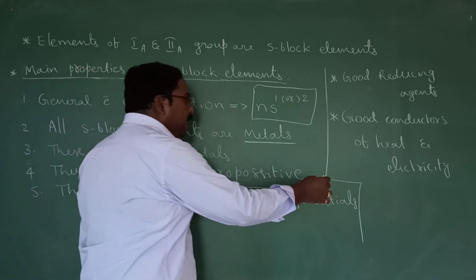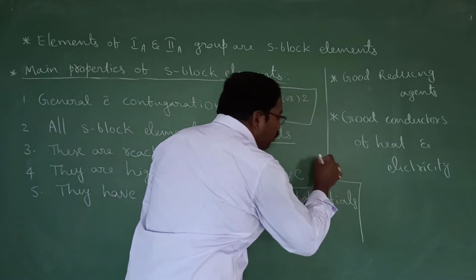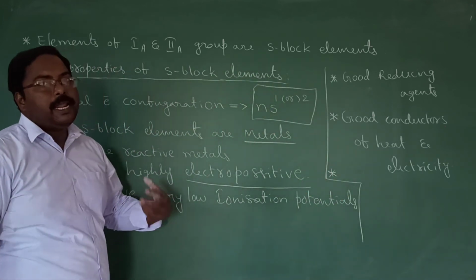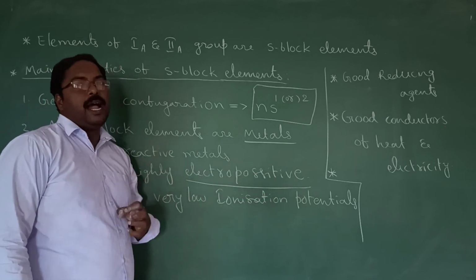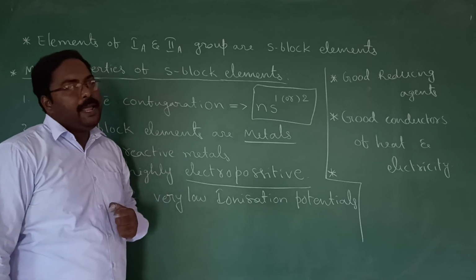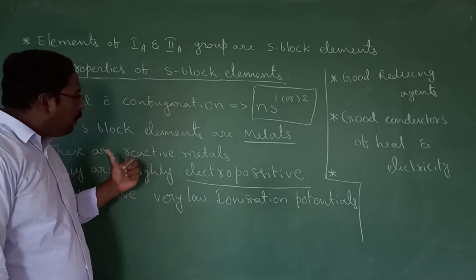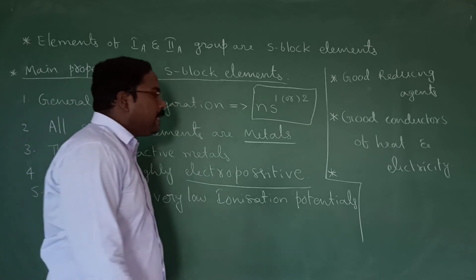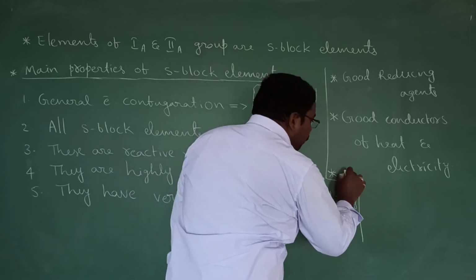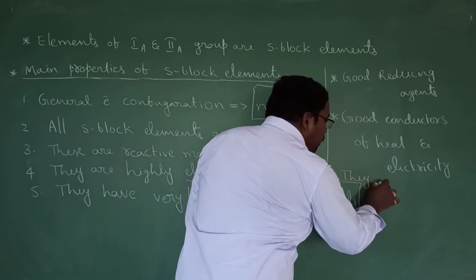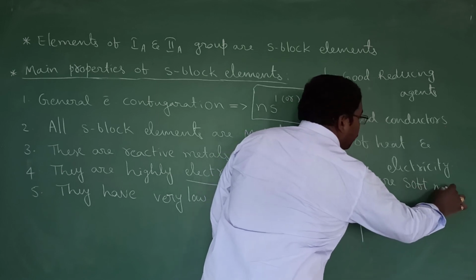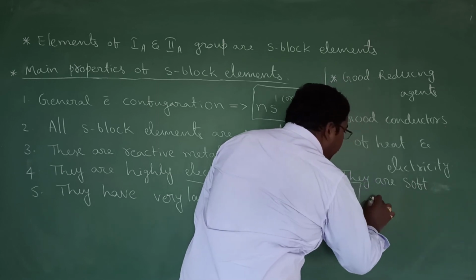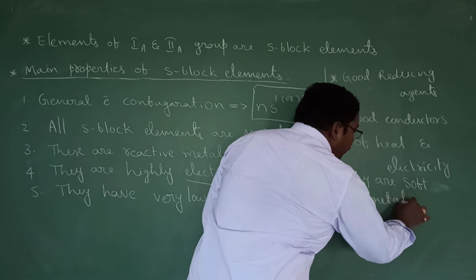Coming to their nature, normal iron or other metals are very hard because they have very high melting and boiling points. But these S block metals are, first of all, soft metals.